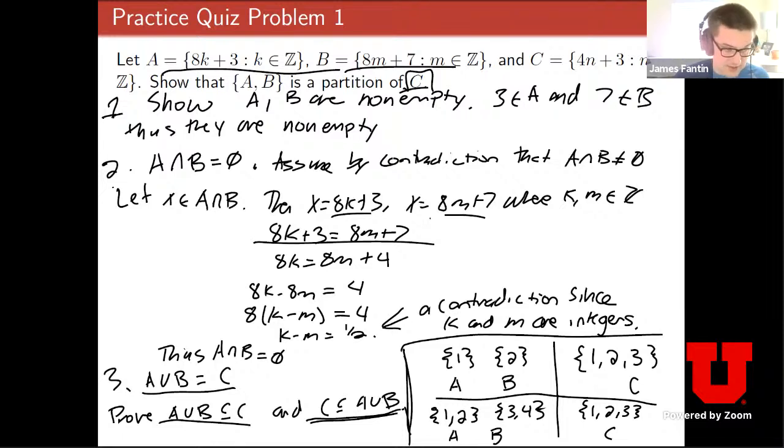A intersect B is the empty set, but A union B is not equal to C, right? Every element of C is in A or B, but it's not the other way around. So this is not a partition because the union of them is not strictly equal. So these two cases are why we would have to go both directions.